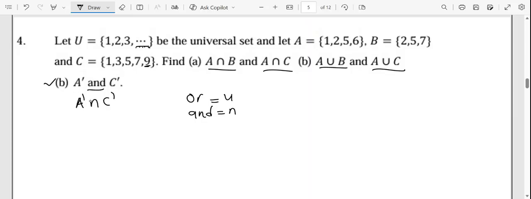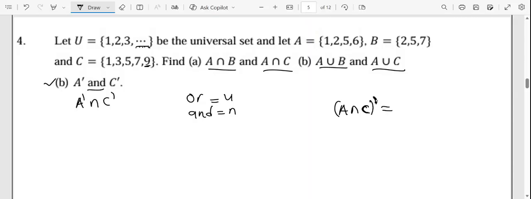The other way of solving this one is De Morgan. You learned about De Morgan's, right? De Morgan's is about proving that if you have A intersection C like that, it is equal to the effect of this complement.